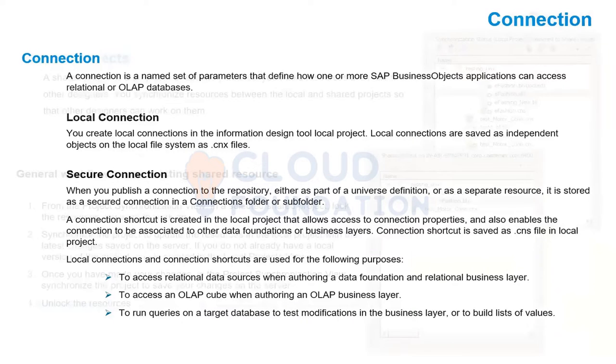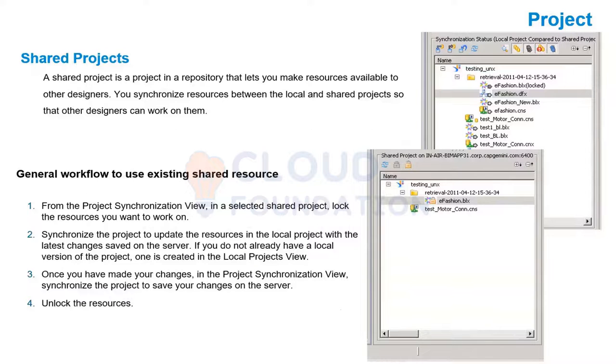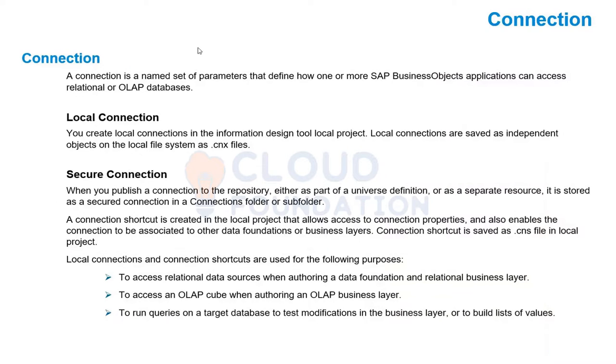First, after creating a project, we have covered the local project and shared project. Then what we create is a connection. A connection is a named set of parameters that defines how one of the SAP BO applications can access a relational or OLAP database. It is about how we are going to access, whether it is a local connection or a secure connection.